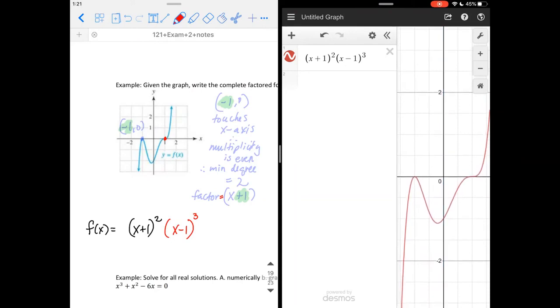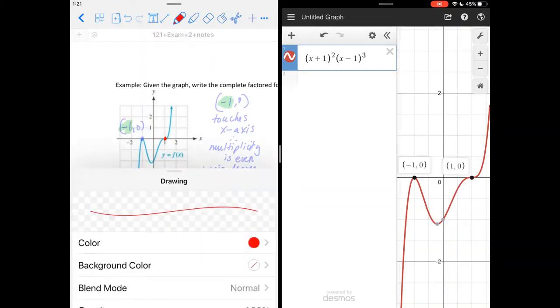Okay, I'm spending way too much time, but just so that we get the idea. So let's see our x-intercepts. So yeah, our x-intercepts are negative 1, 0, and positive 1, 0. That's good.